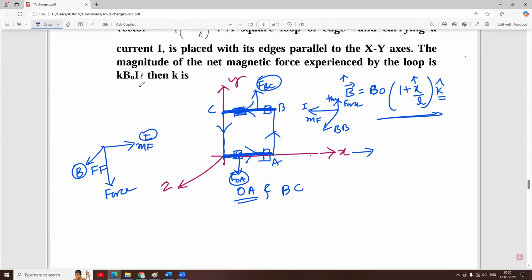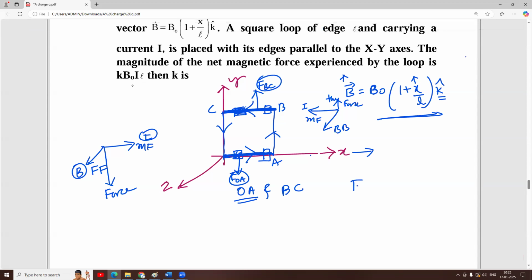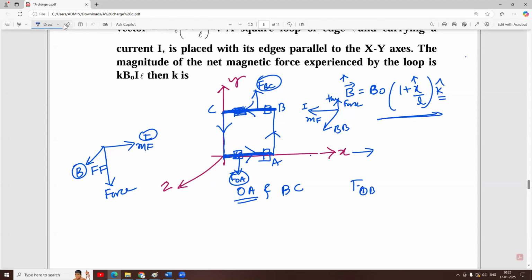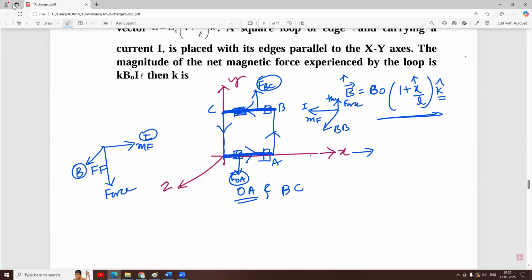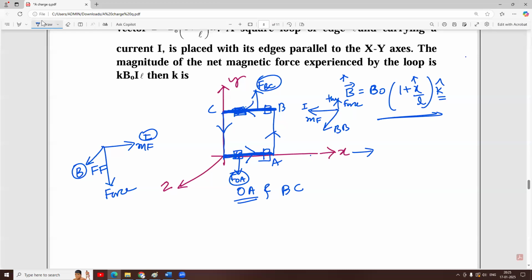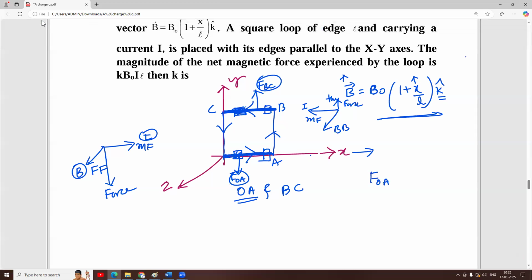So the force experienced by OA and force experienced by BC are equal and opposite. They cancel out.